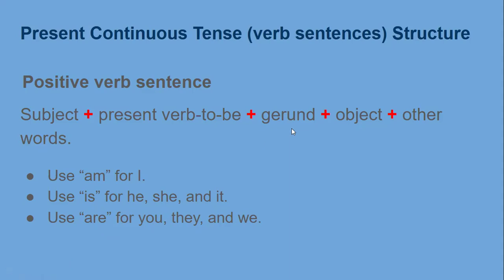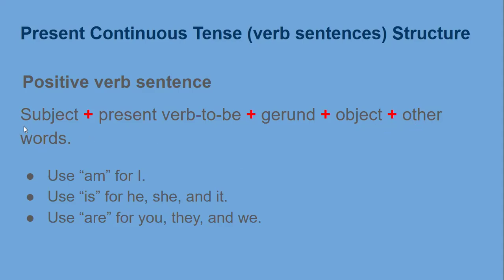Okay? Then you use a gerund after the verb to be. Like I said, a gerund is just a verb that ends with ing. If your verb is talk, then it becomes talking. If your verb is eat, then your gerund is eating. Okay? Then after that, you put the object. And after the object, you put other words.